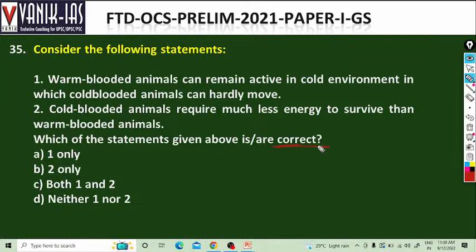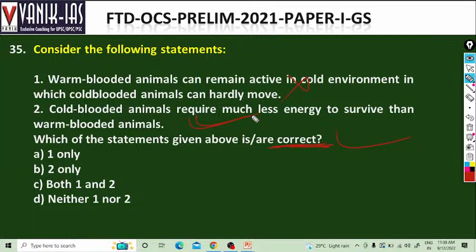Which of the following statements are correct? First statement is wrong. Second is right. Cold-blooded animals require much less energy to survive as compared to warm-blooded animals.